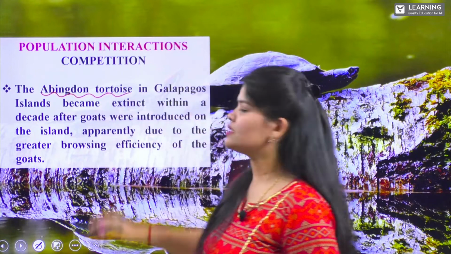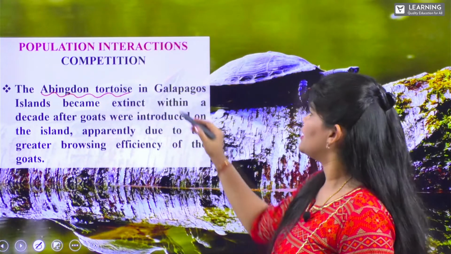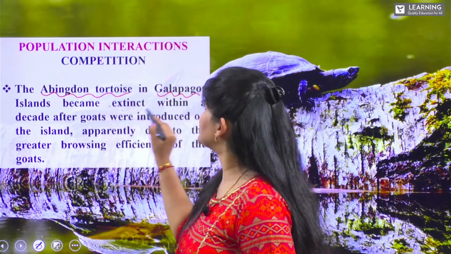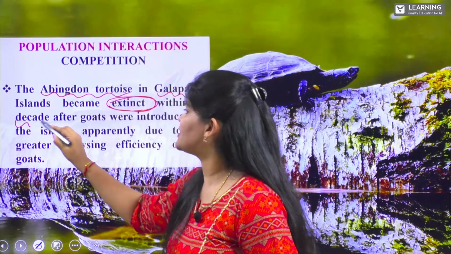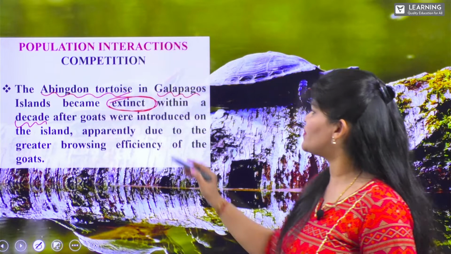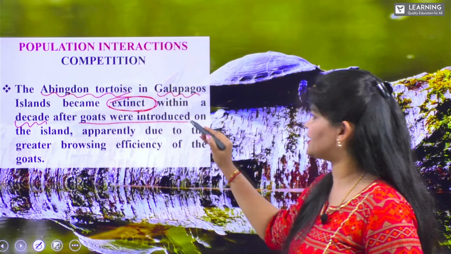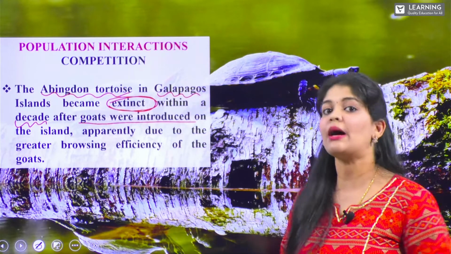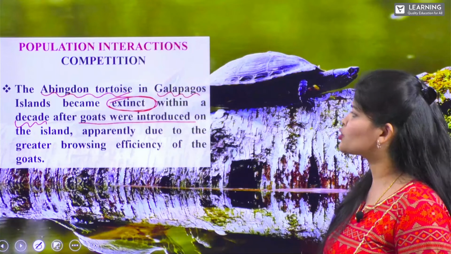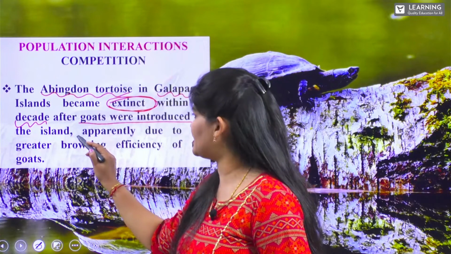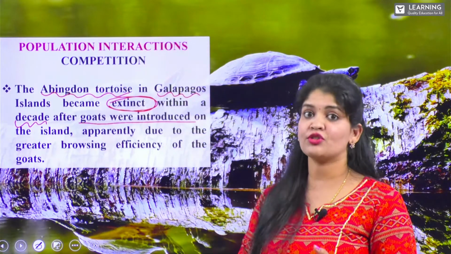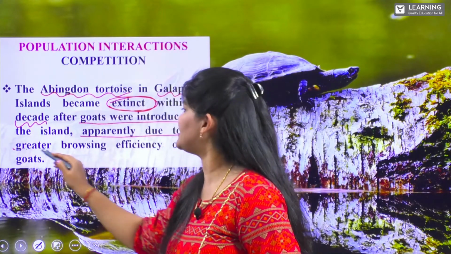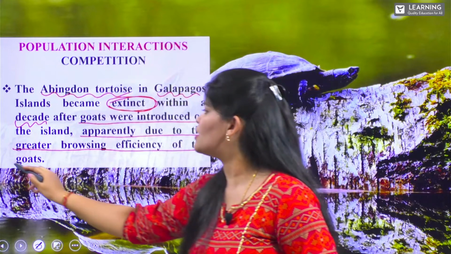The Abingdon tortoise in the Galapagos Islands became extinct within a decade, 10 years after goats were introduced. It is a predator, right? It is a competitor, sorry for that. Here the goats are competitors for the tortoise. Goats were introduced on the island, apparently due to the greater browsing efficiency of goats.